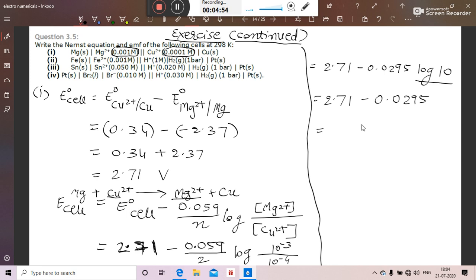When you subtract the two, you will get 2.6805, which can be approximately taken as 2.68. So our E cell potential is 2.68 volt. So this is our answer.